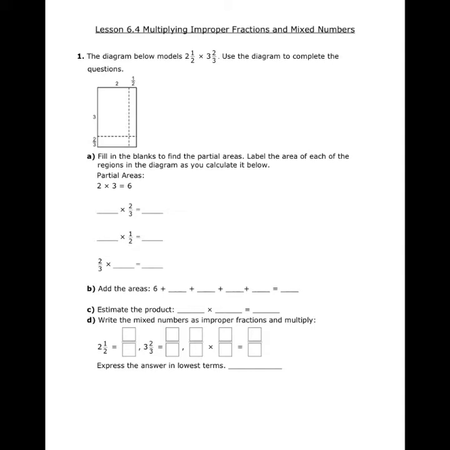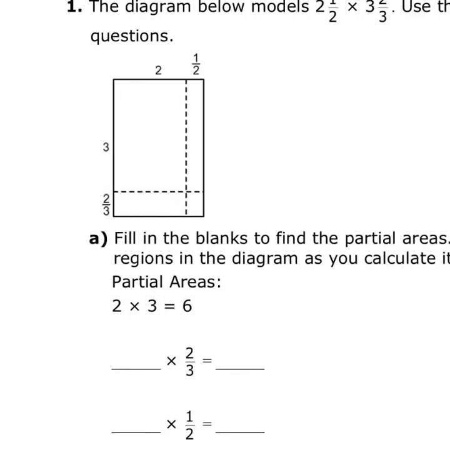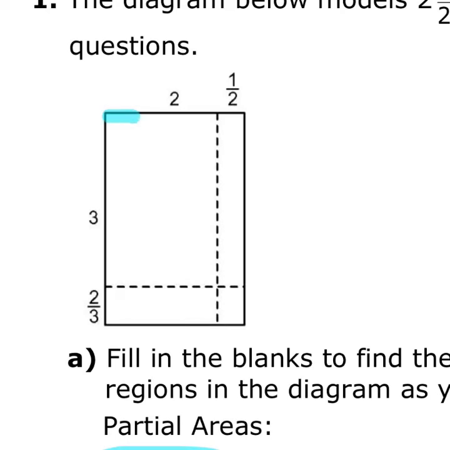So if we look at the partial area of 2 times 3, which is equal to 6, in the diagram we're talking about this one right here. 2 times 3, and this is equal to an area of 6.